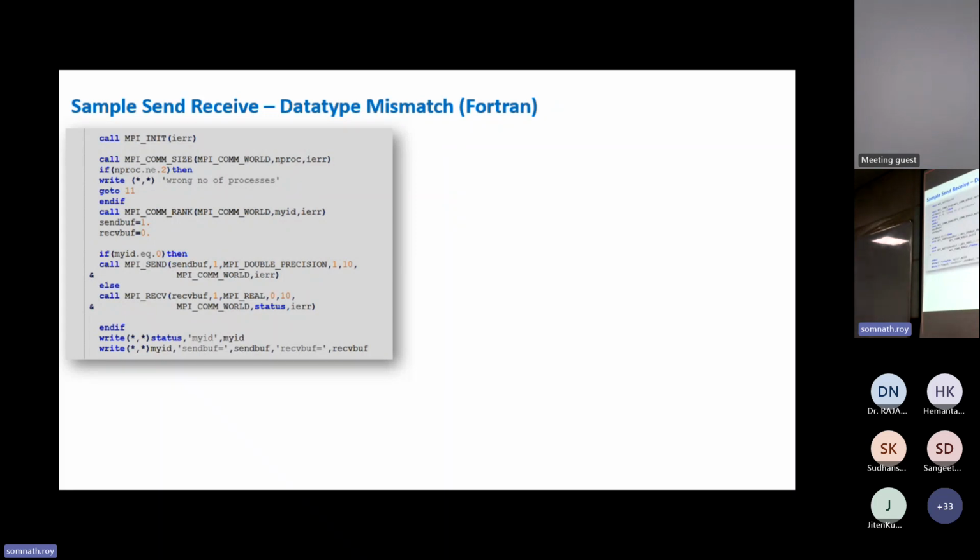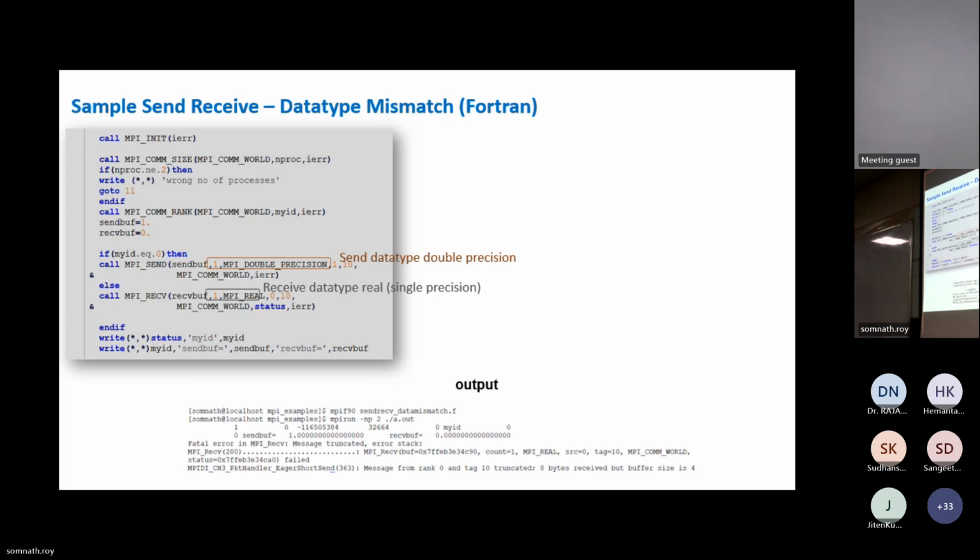So what will happen? I give you a big packet, you will only hold half of that, and the data transfer will not be complete. If you execute this, you can see there is a fatal error in MPI receive, message truncated. Data transfer is incomplete because the sending size and receiving size are not the same.